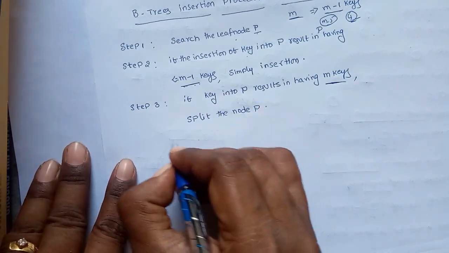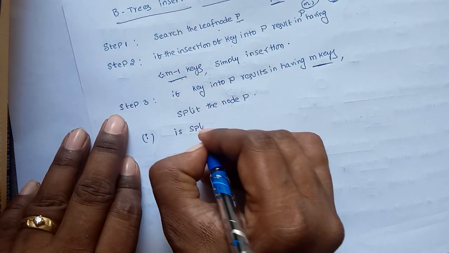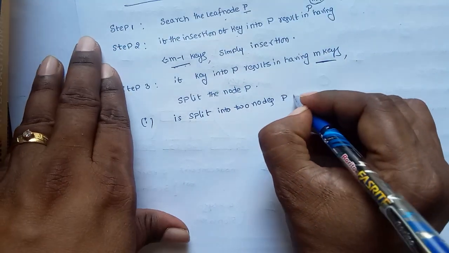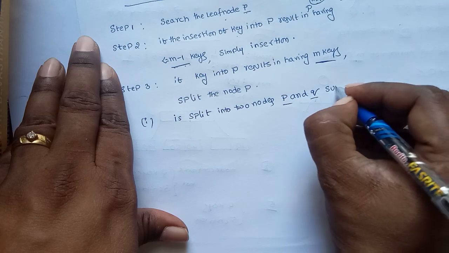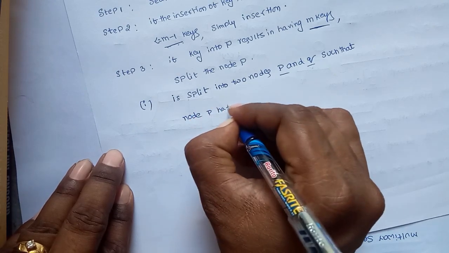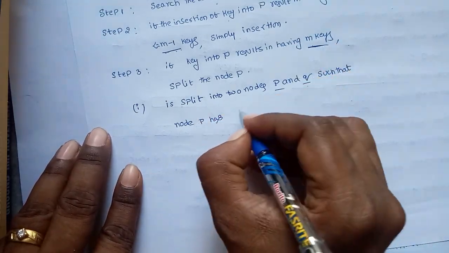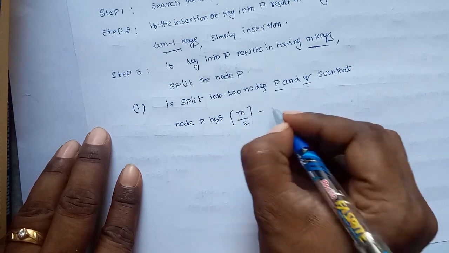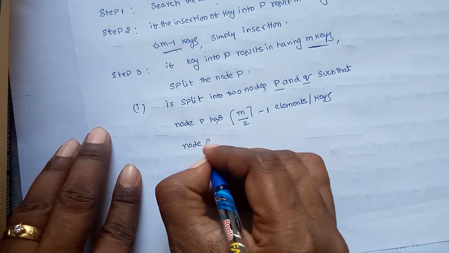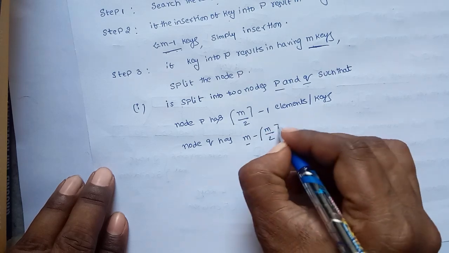So perform split operation. In the split operation, the violated node is split into two nodes, P and Q, such that node P has m by 2 minus 1 elements or keys, and node Q has m minus m by 2 keys.